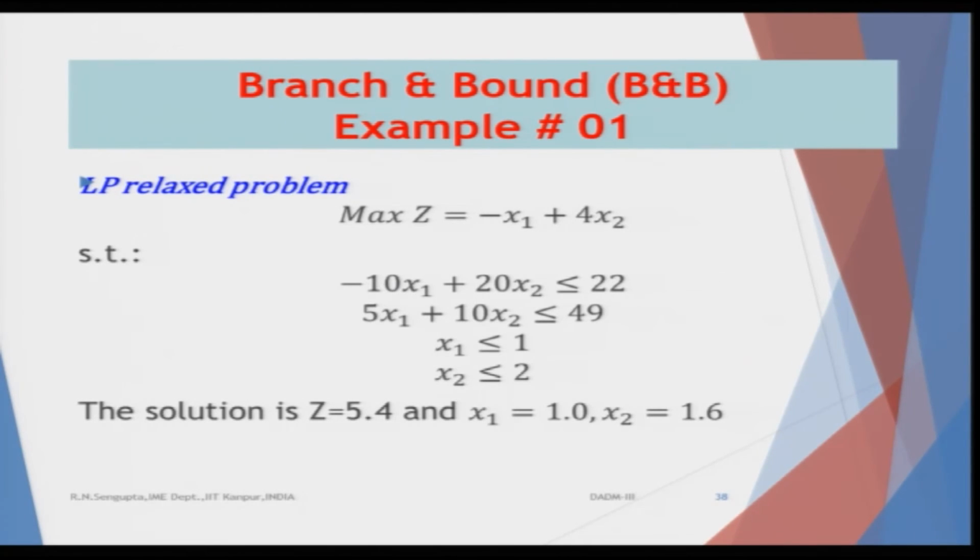When we relax it, the problem formulation remains the same, maximization, such that constraints remain the same, which is minus 10x1 plus 20x2 is less than equal to 22. The second constraint is 5x1 plus 10x2 is less than equal to 49, and here the relaxed values are written for the linear programming, x1 less than equal to 1, all values 0 to 1 inclusive, x2 is less than equal to 2, all values inclusive.